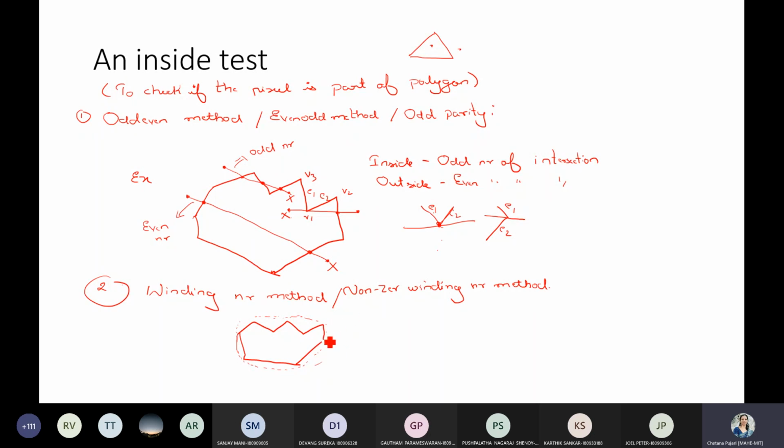So in this case, when you are doing a wrapping around the polygon, this is a wrapping which we have done. Now we are going to select a point.